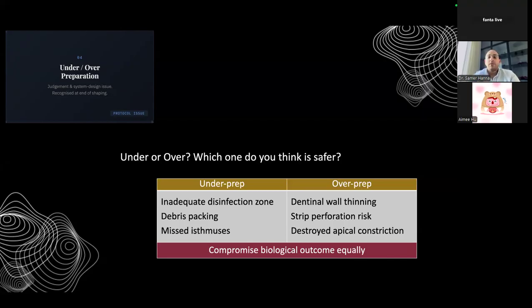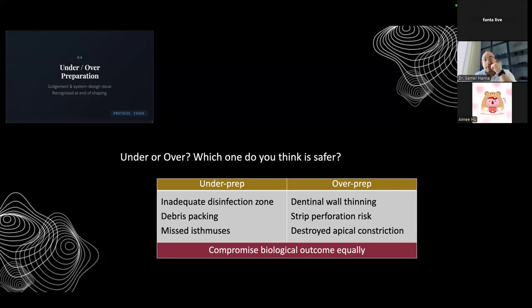Or with over preparation, this is where the dentinal wall gets thinned very much. This is where strip perforation risk increases and the apical constriction will be destroyed, which will lead to debris getting out of the root, irritation to the periapical area.